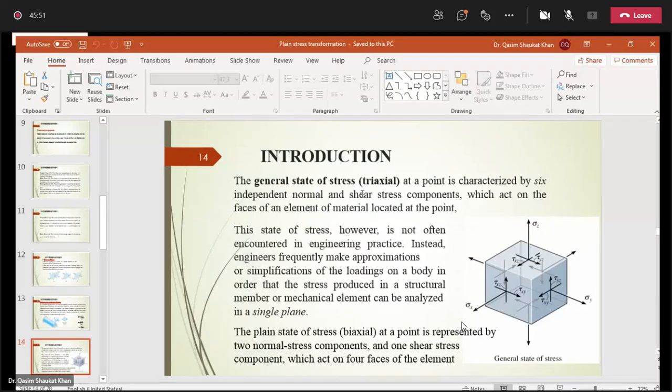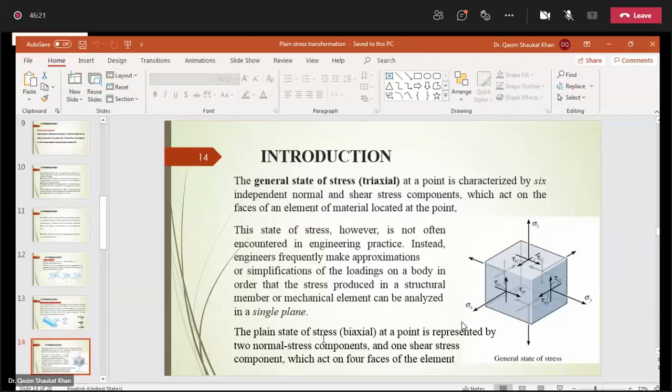Now, basically, we are converting or simplifying our cases from triaxial state of the stress to biaxial state of the stress. In the biaxial state of the stress, there will be only three stress components, unlike triaxial state of the stress where there were six stress components, three normal stress components and three shear stress components.